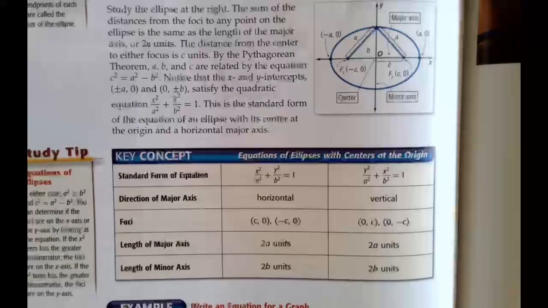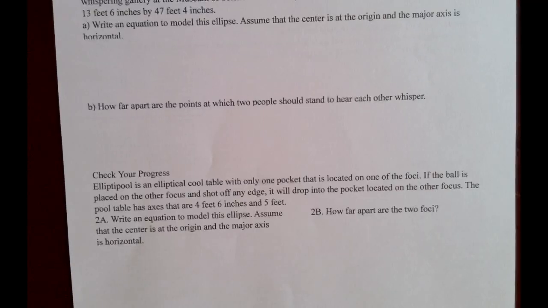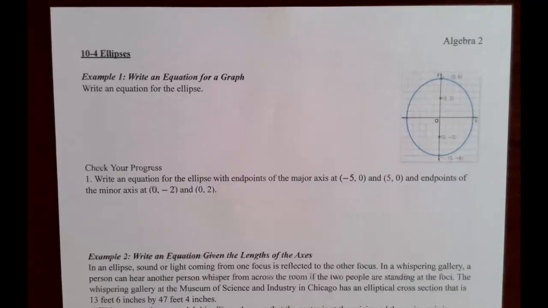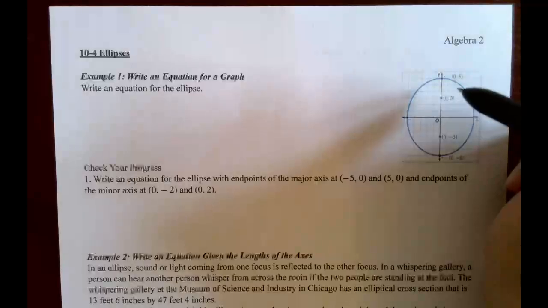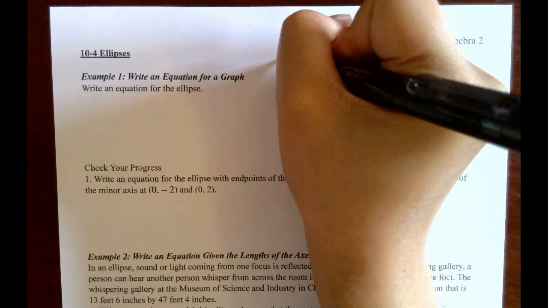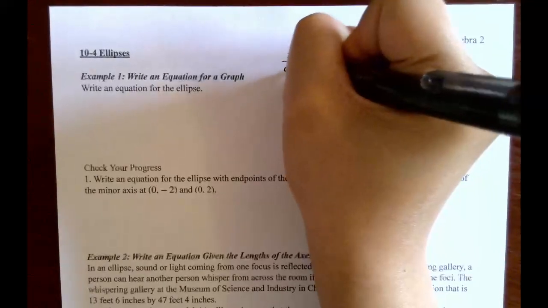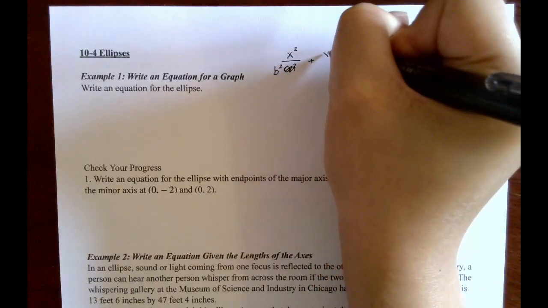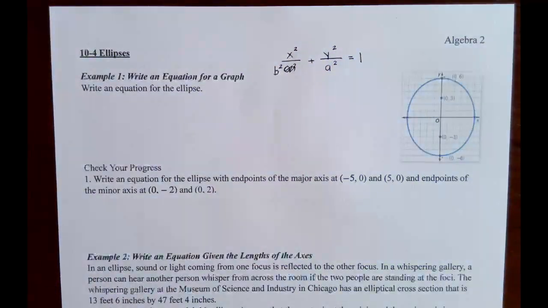Now, with that in mind, let's get started with example 1. It wants us to write an equation for the graph here. Note that this is a vertical ellipse, which means that a squared is going to be under y, because it's this way.